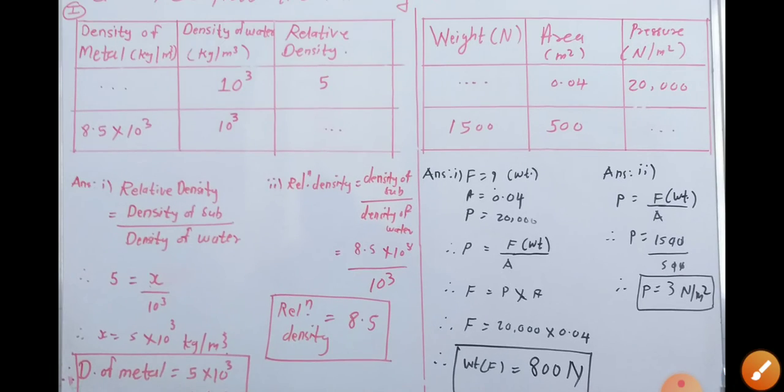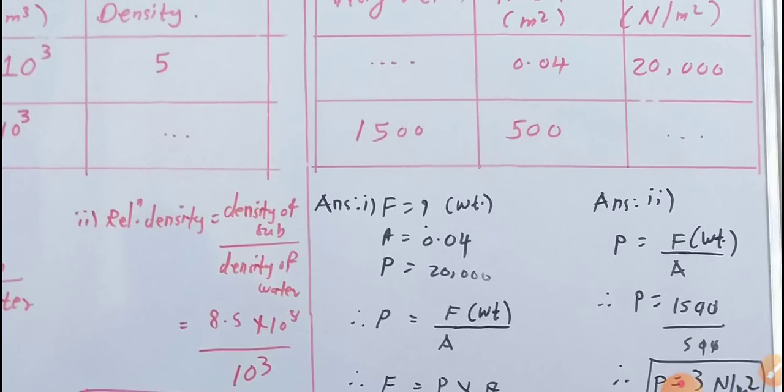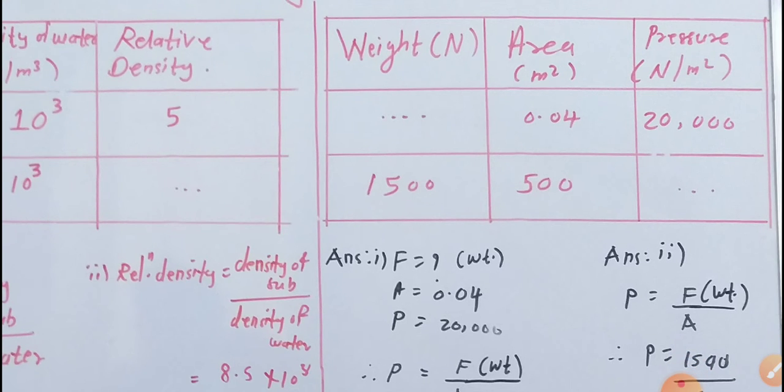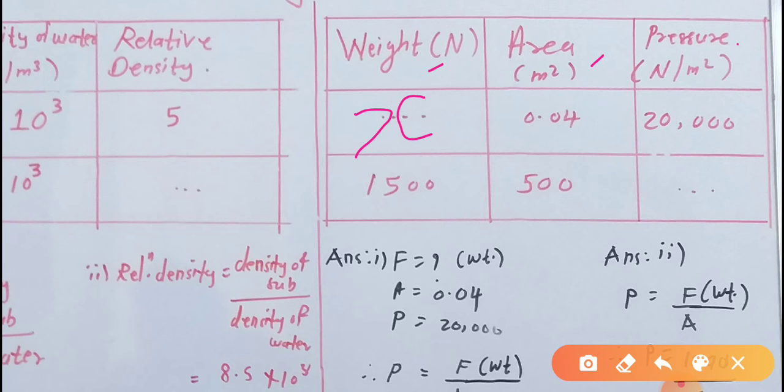Now the next table. Come to the second table, which uses another formula. Here weight, area and pressure are the three quantities. Here weight is not given, so we have to find the weight. Suppose this is x. Weight means force. Area is given as 0.04 and pressure is given as 20,000.